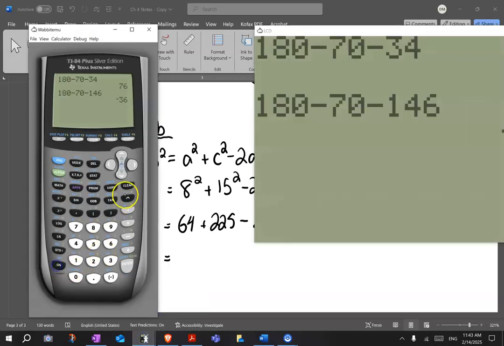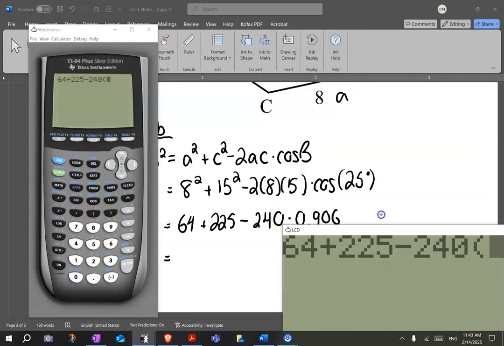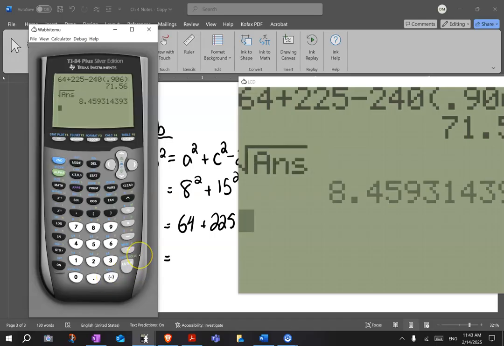So I have 64 plus 225 minus 240 times 0.906. That gives 71.56, and I know that I'm going to have to square root that. So the square root of 71.56 is around 8.5.